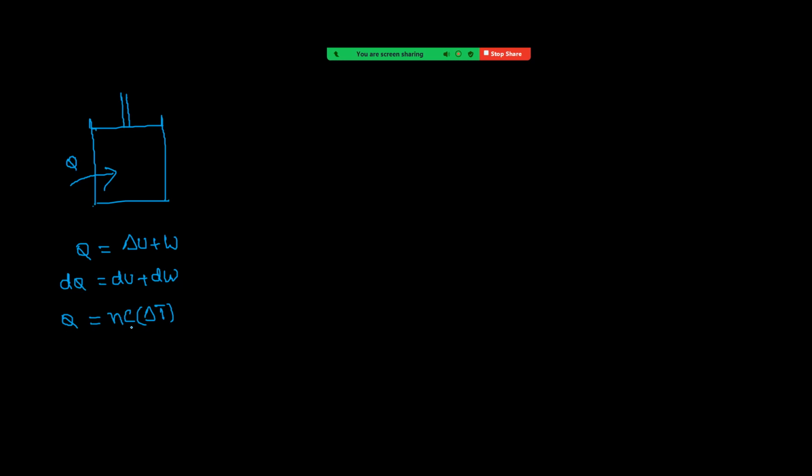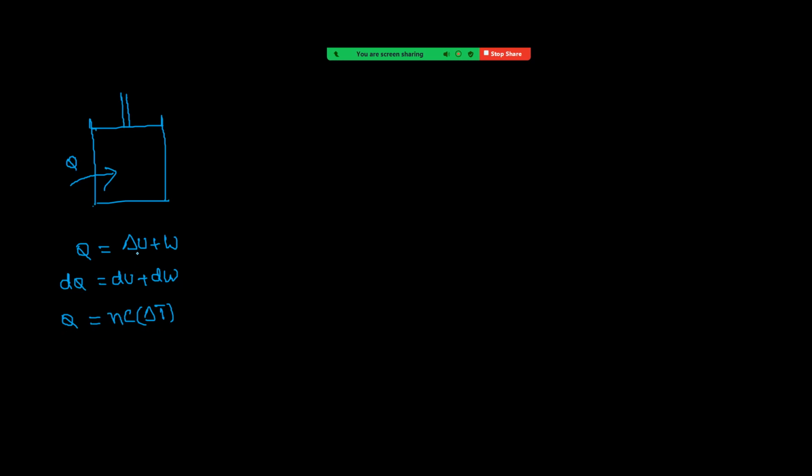Coming to C, it is a molar specific heat which depends on the process. For example, if it is constant pressure, C will be Cp. If you are taking constant volume, then C will be Cv. This C depends on the process. And n is the number of moles.